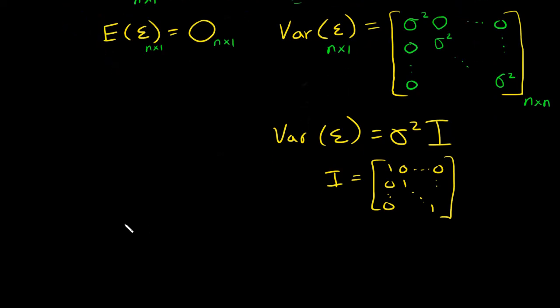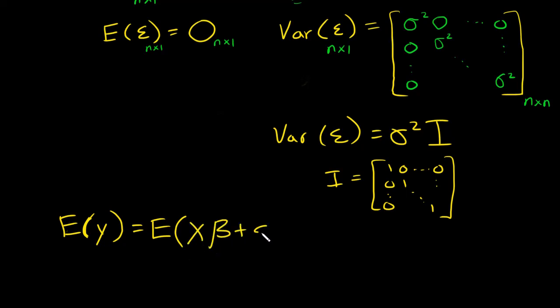Let's go ahead and do that really quick before we finish up this video. Starting with the expected value of y, which is a vector. The expected value of y equals the expected value of X beta plus epsilon, and we can put the expected value into each piece of the sum, plus the expected value of epsilon.